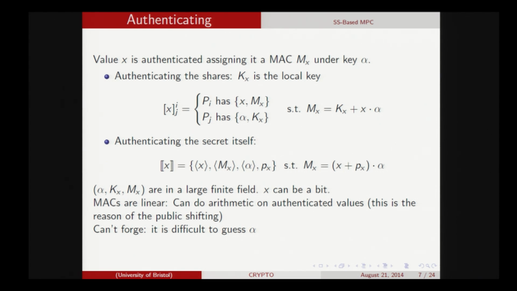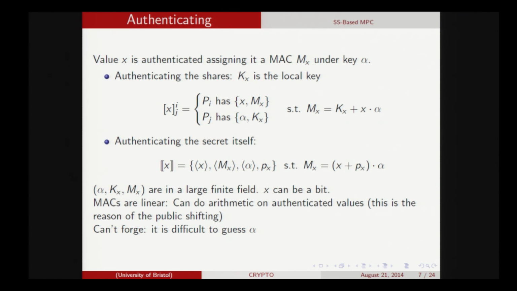Then Pj is going to give to Pi a mark Mx, and he holds a key that authenticates this value. And this key can be broken in two parts. You can see this key as an affine line. The local part relates to the value that is being authenticated, and the global part is common to all the shares. So the global part would be the slope of the function if you think about the key as an affine line.